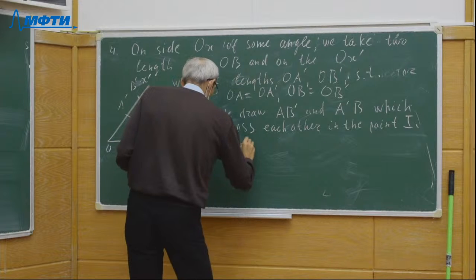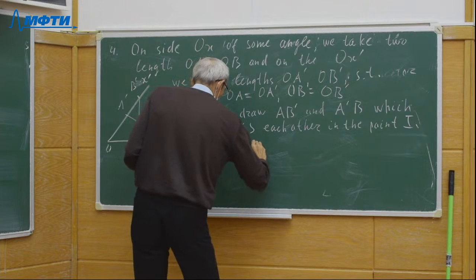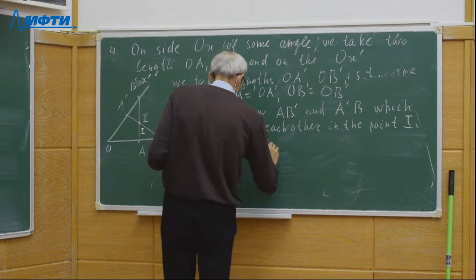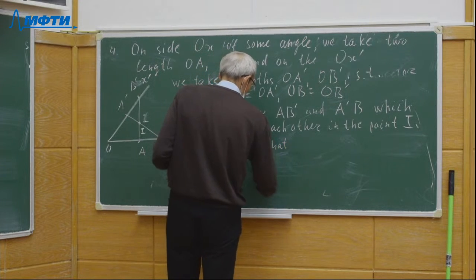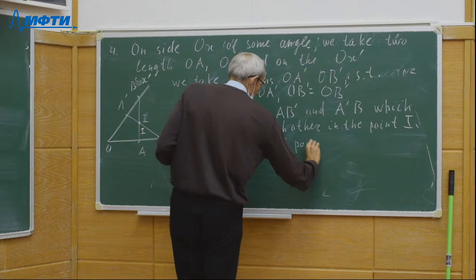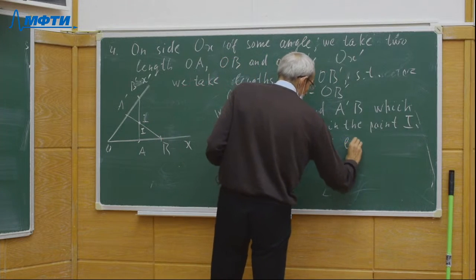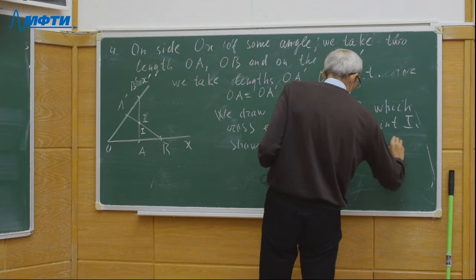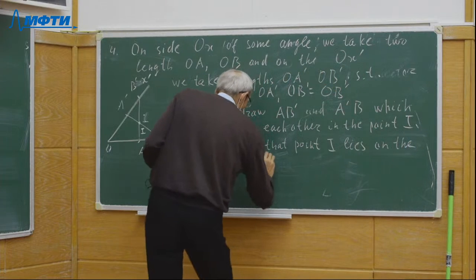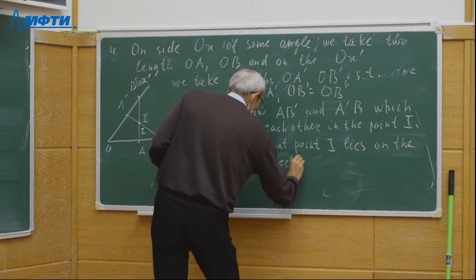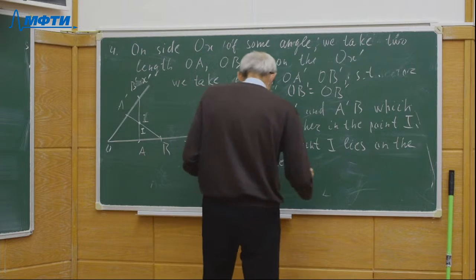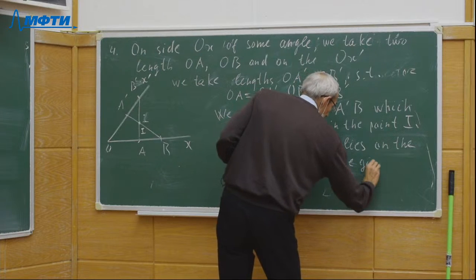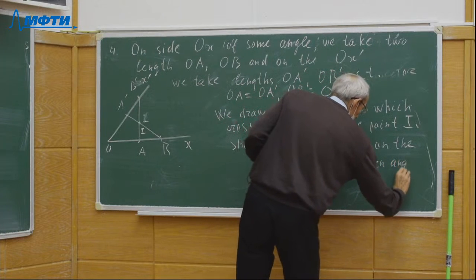Show that point I lies on the bisector of the given angle.